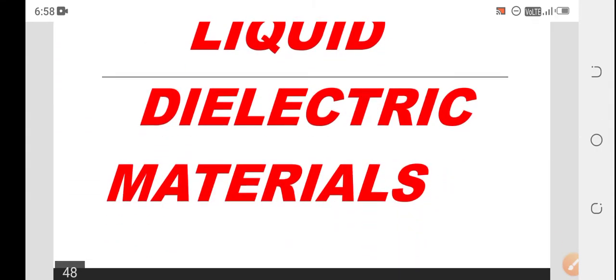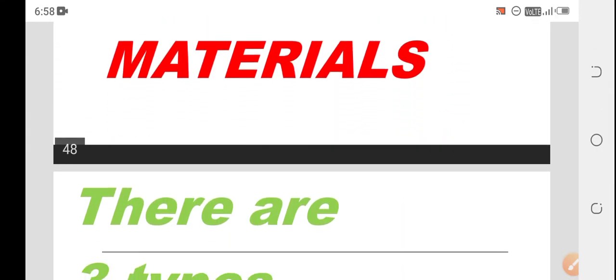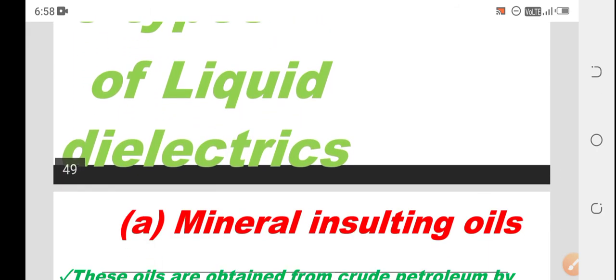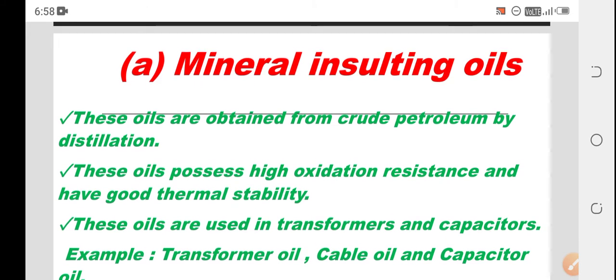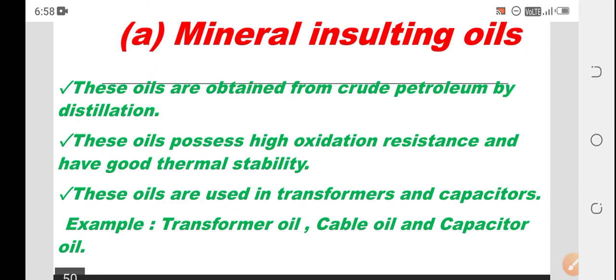Coming to the liquid type of dielectric materials. There are three types of liquid dielectrics. The first one is mineral insulating oil. These oils are obtained from crude petroleum by distillation. These oils possess high oxidation resistance and have good thermal stability.